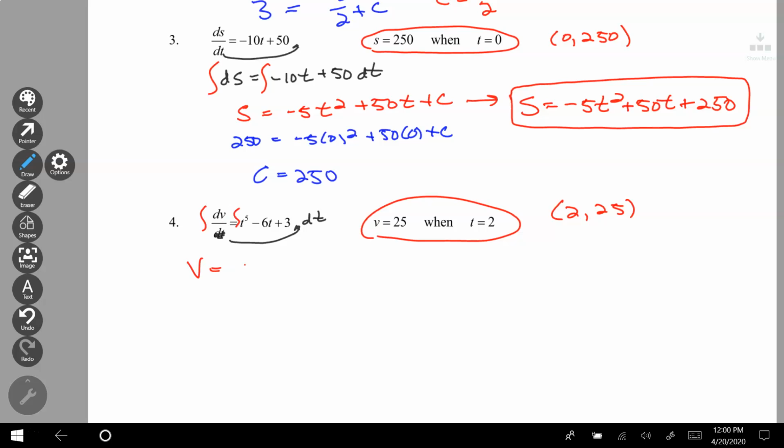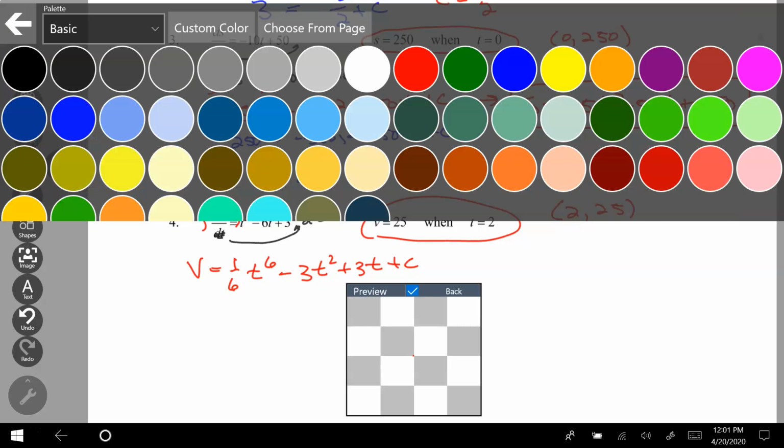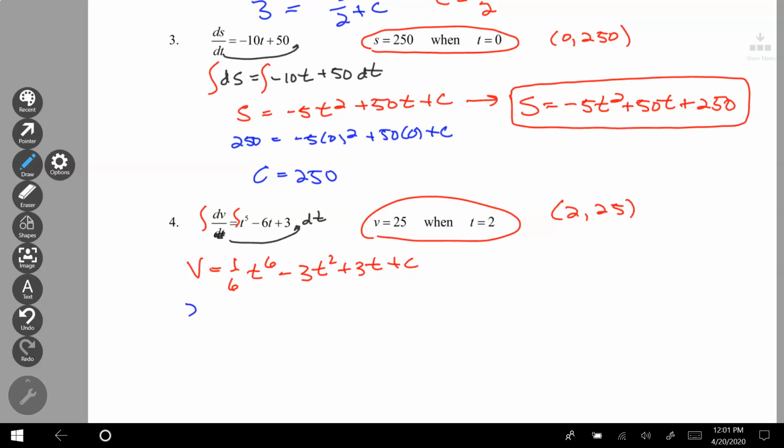I get v equals, let's see, it's got to be t to the 6, so it becomes 1/6 t to the 6, minus, got to be t squared, 1/2, it's 3t squared, plus 3t plus c. Now I plug in my initial value that I have here. 25 is 1/6 times 2 to the 6 minus 3 times 2 squared plus 3 times 2 plus c.